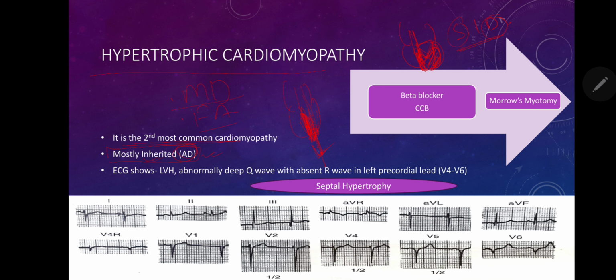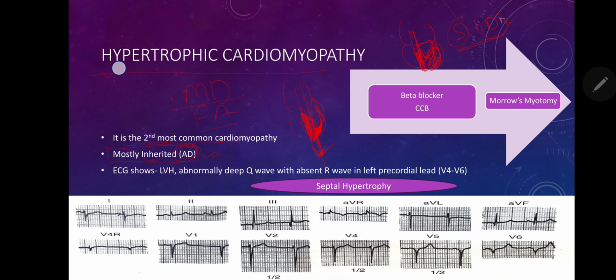And the third is when there is a hypertrophy of the heart muscles which causes a narrow obstruction of the aorta, and the blood cannot go out from the aorta, and this is called obstructive hypertrophic cardiomyopathy. That means there is a complete obstruction.